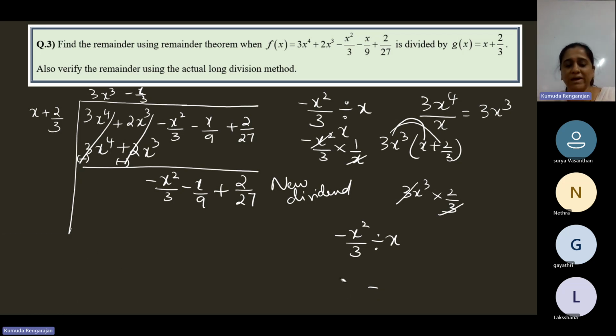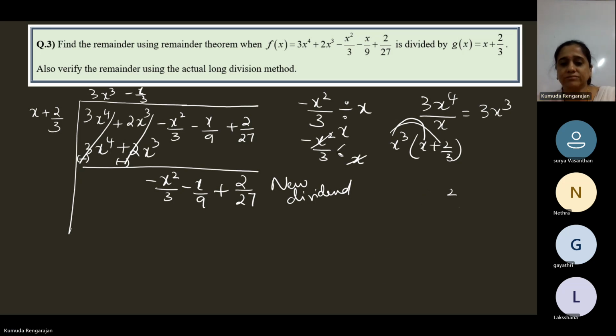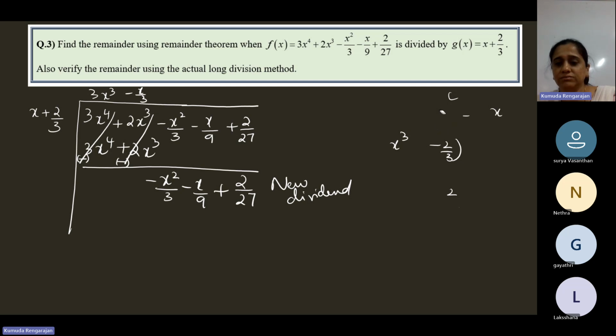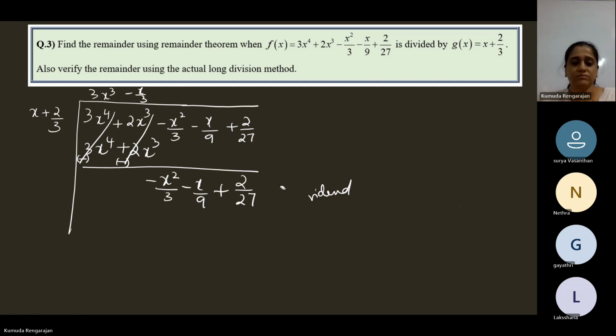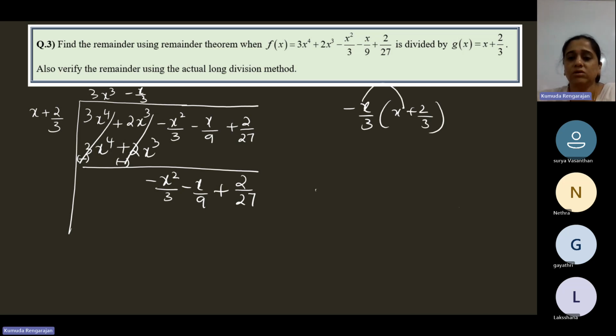Now we need to multiply minus x by 3 with the divisor x plus 2 by 3. So minus x squared by 3, minus into plus is minus.